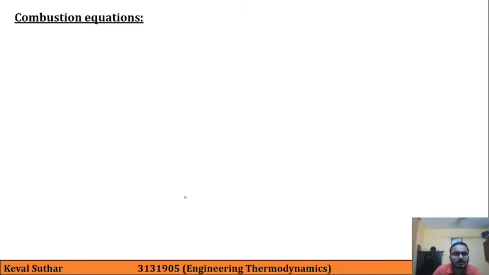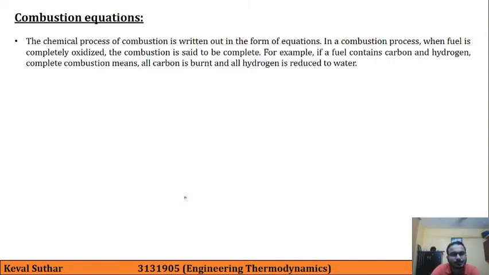Now our next theory is combustion equations. The chemical process of combustion is written out in the form of equations. So we will be dealing with equations only in chemical processes. In a combustion process, when the fuel is completely oxidized, the combustion is said to be complete.